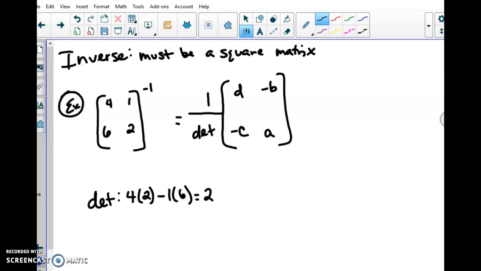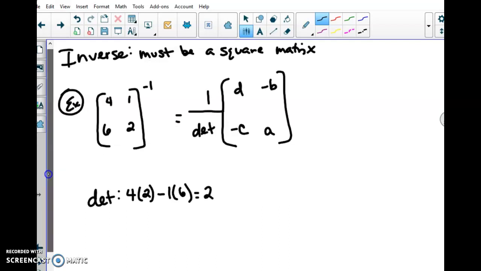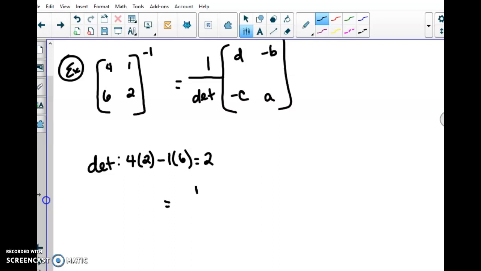So I have 4 times 2 minus 1 times 6, which is going to give me 8 minus 6 to give me 2. Okay, so now with that information, I have 1 over 2. I'm going to flip the corners here, so I'm flipping these two around. Then these two will match up and have opposite signs. So this is now a 2, negative 1, negative 6, and a 4.